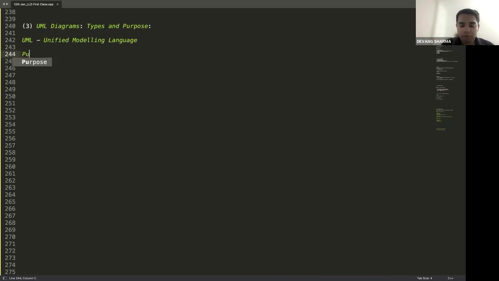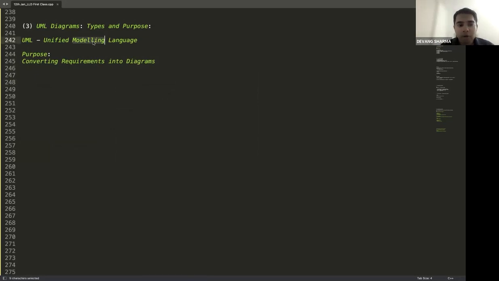What is the purpose of it? The purpose of a UML diagram is converting requirements into diagrams. It is not related to a particular language or a particular schema. It's a unified model.